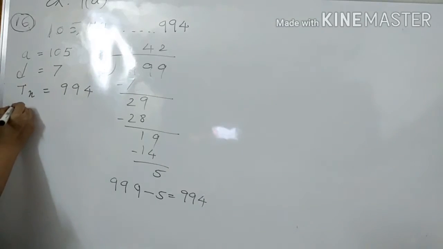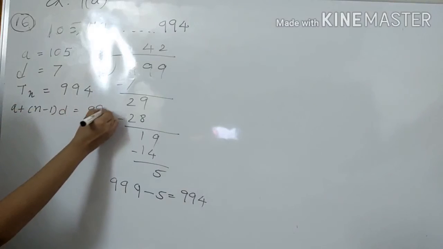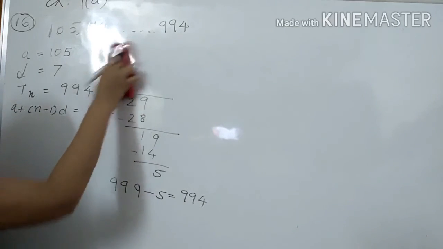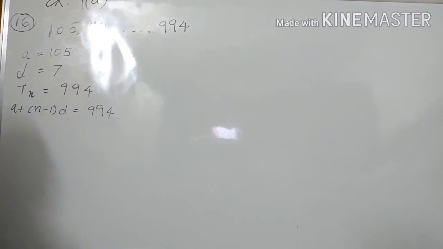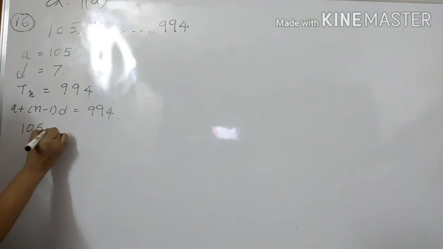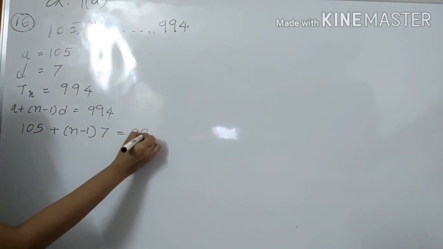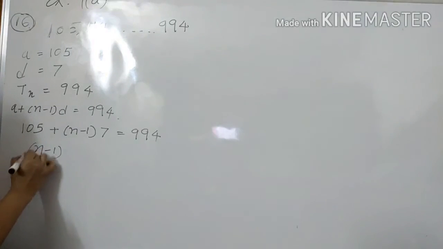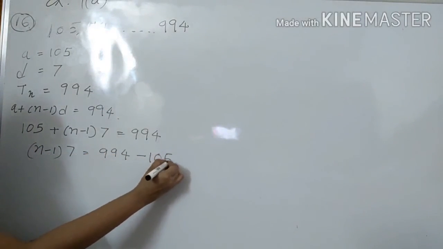So now using the formula A plus (n minus 1)d is equal to 994. You can remove this also. This was only for the use of our last term, which we required. So I removed it here. Now A is 105 plus (n minus 1) times 7 is equal to 994. So here (n minus 1) times 7 is 994 minus 105.